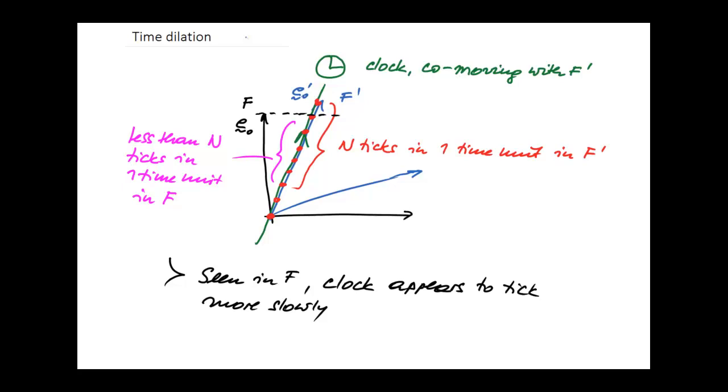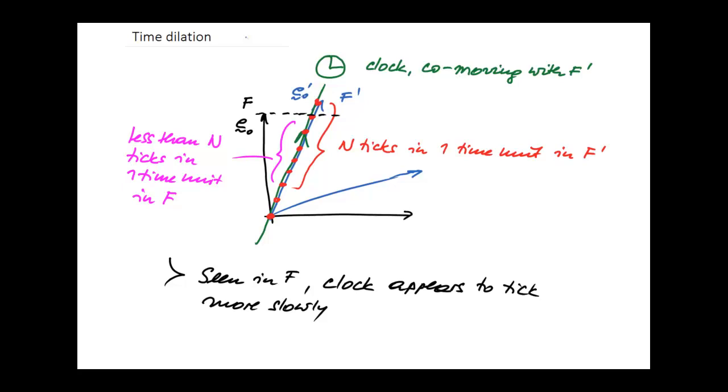The observer f also counts the number of ticks, observes the clock, counts the number of ticks within his or her one time unit. So going also along this basis vector E naught, unprimed, which corresponds to one time unit in the unprimed frame, the observer f counts fewer than n ticks.